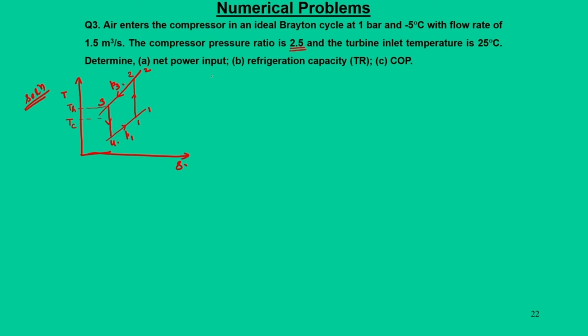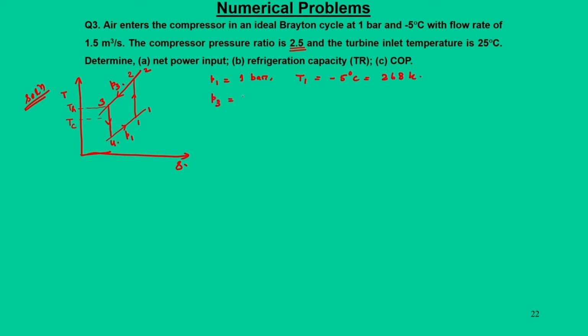What other data are given? P1 is 1 bar, T1 is minus 5 degree centigrade, that is 268 Kelvin.